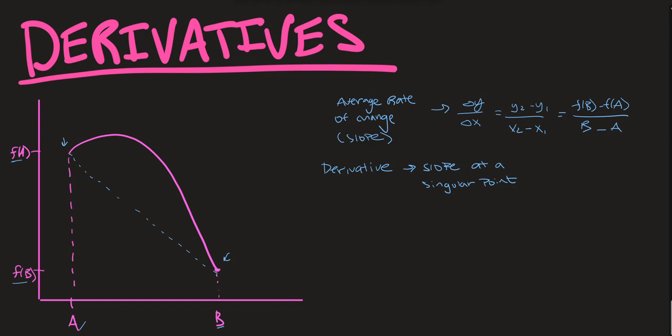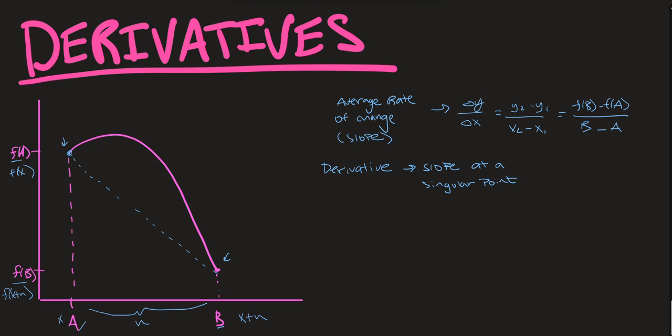Why don't we give this another name? We'll just call it x. And we'll say that this point over here, b, is x plus h, where h is just this distance right here. And instead of calling this f of b, why don't we call this f of x plus h, and then this would just be f of x.